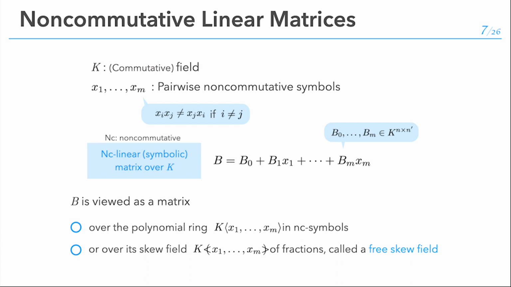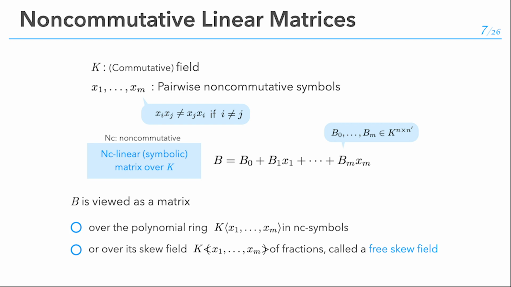Recently, the non-commutative version of Edmonds' problem is a hot topic. I explain the non-commutative Edmonds problem. Let K be a field, and let x1 to xm be pairwise non-commutative symbols.